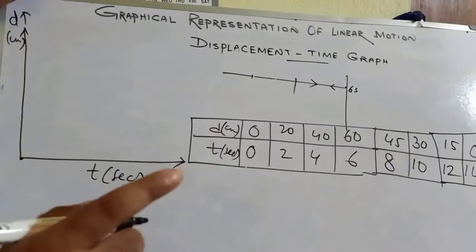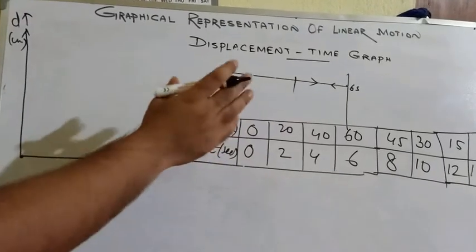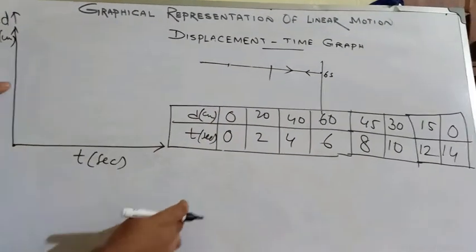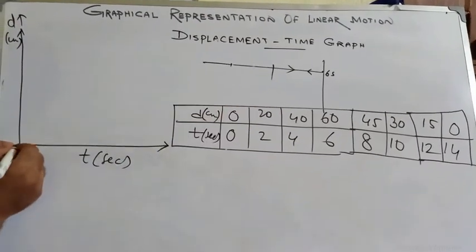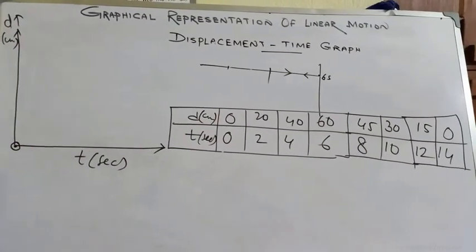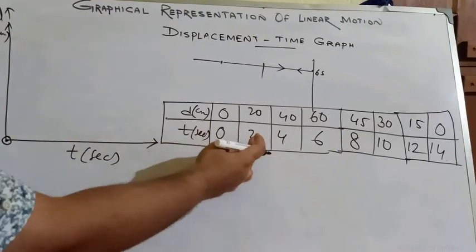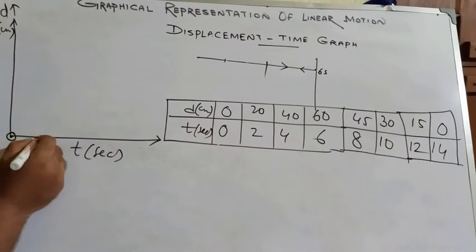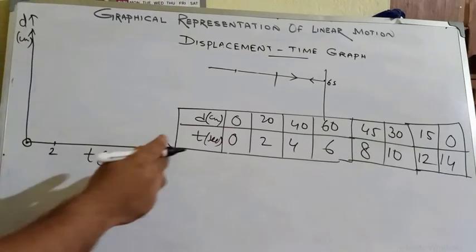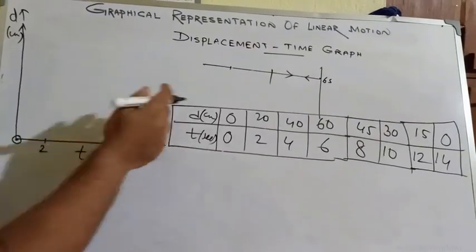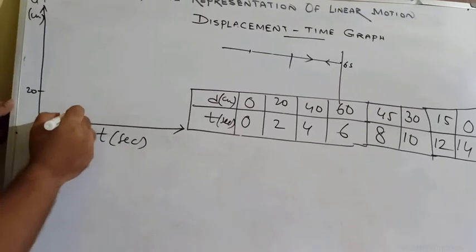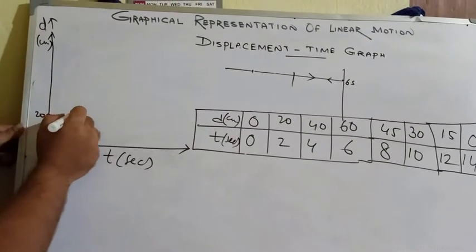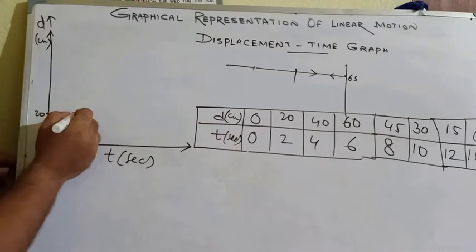Okay. Now I will draw the graph for the same. First of all, it is given that at t equal to 0, the displacement is 0. So the body starts from this particular point. Clear? At time equal to 2 seconds, the displacement is 20 centimeter, so it becomes 20 centimeter at this particular point.